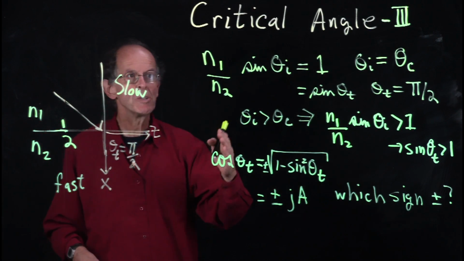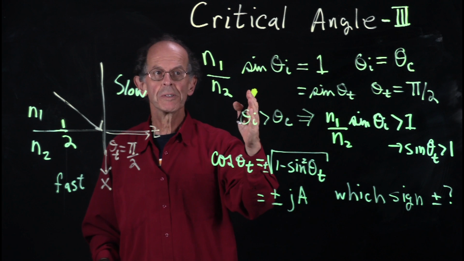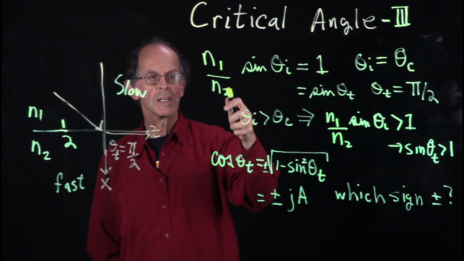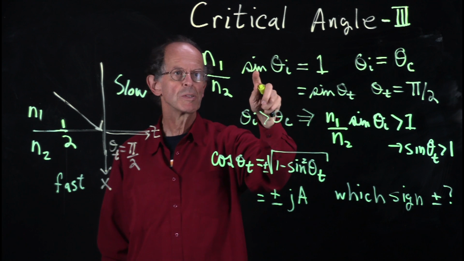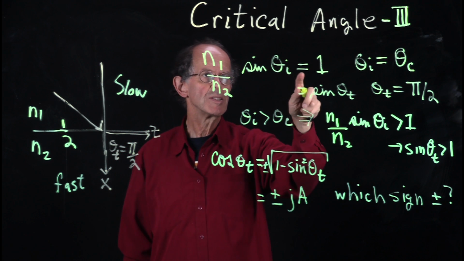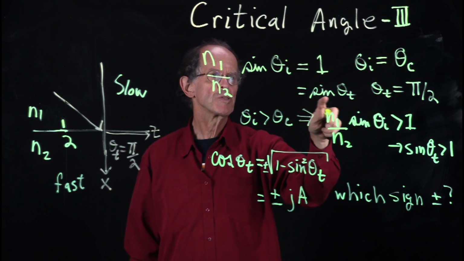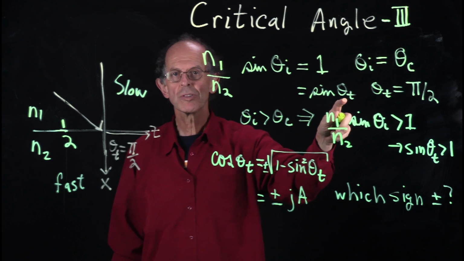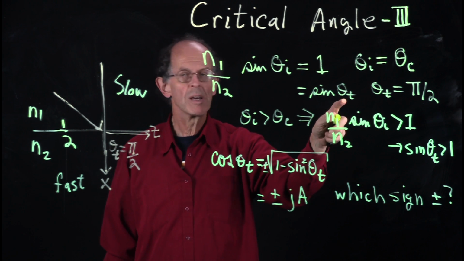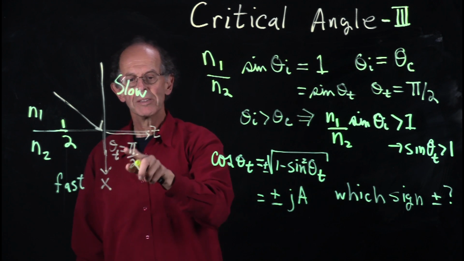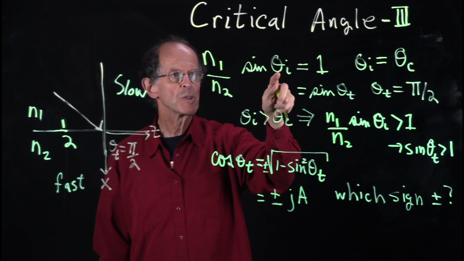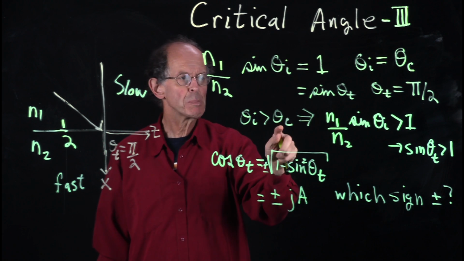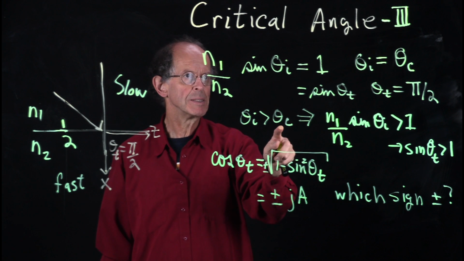Let's continue on with our analysis of the critical angle, and this is key. We know that at critical angle, n1 over n2 sine theta I is equal to 1, which is sine theta t. And of course, as we saw in the previous panel, theta t is 90 degrees. Now, what happens when theta I gets bigger than the critical angle?